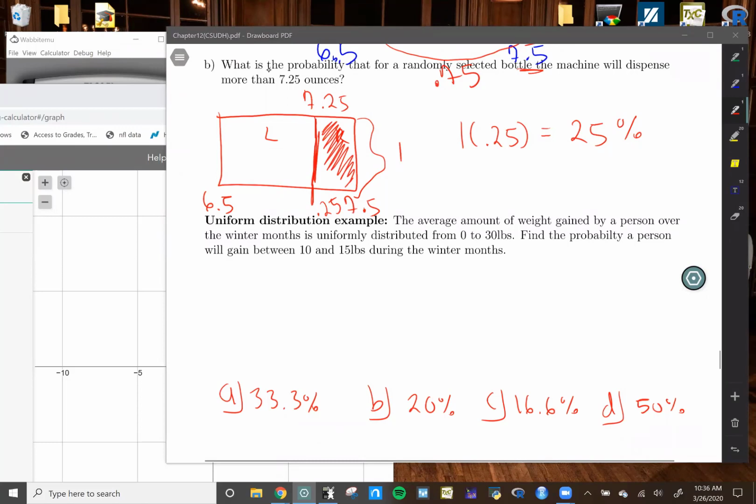I want you to work on it. Once you're done, just type your answer onto the poll. A is 33.3%, B is 20%, C is 16.6%, or D is 50%.